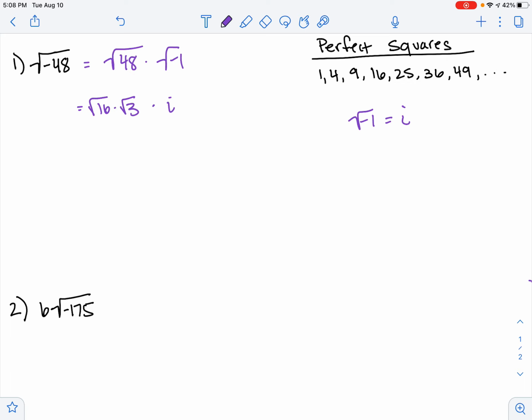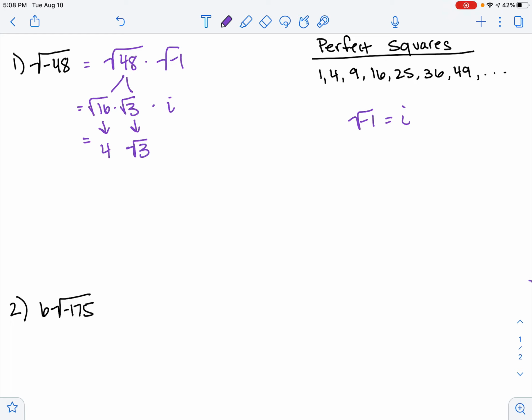And so again, I just broke up 48 into its factors, the square root of 16 times the square root of 3. The square root of 16 is 4. The square root of 3 cannot be simplified any further.